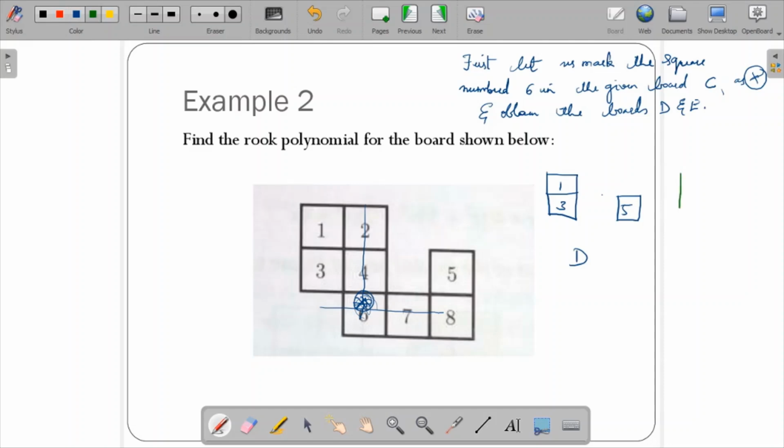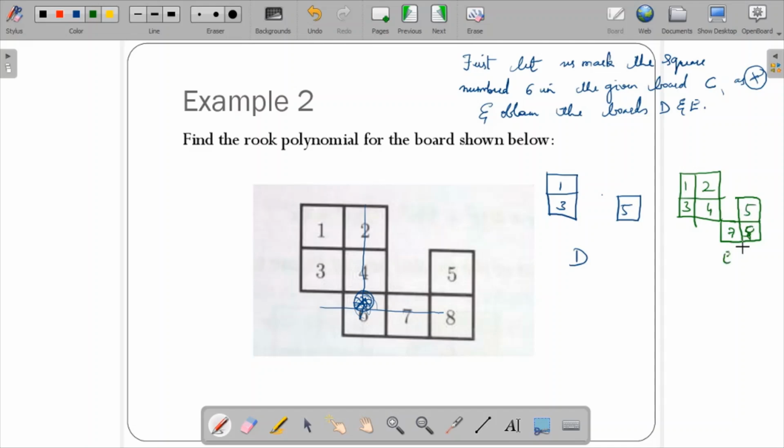That would be 1 2 3 4, and this has been deleted, and here attachment from here itself, 7 8 5. So this is E. So you got D and E.